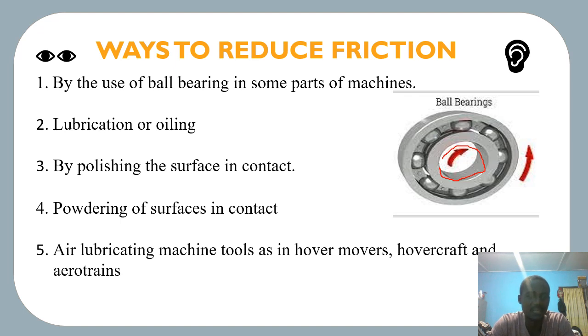It's also the same with polishing the surfaces that are in contact. You can also apply powder to make it smooth. And the last one, air lubricating machines, as in hovercraft, also help to reduce friction.